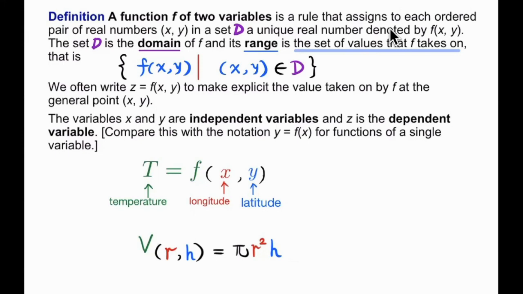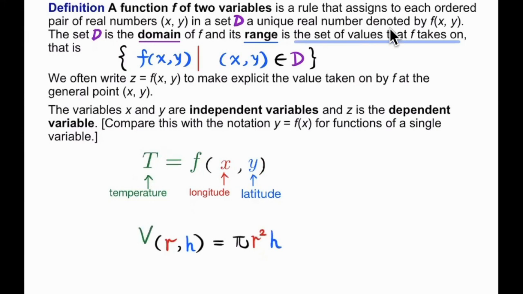The formal definition of a function of two variables says that it is a rule that assigns to each ordered pair x comma y in a set D a unique real number denoted by f of x comma y. For example, for each given pair of longitude and latitude, we're going to get a unique temperature for that point.